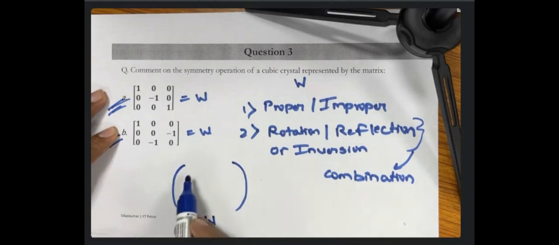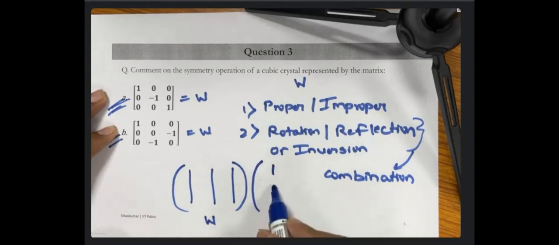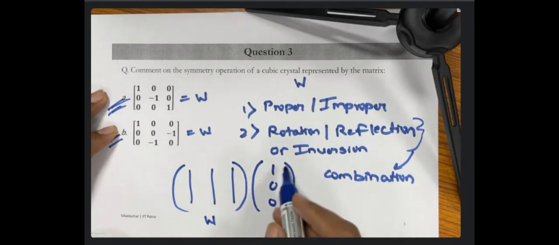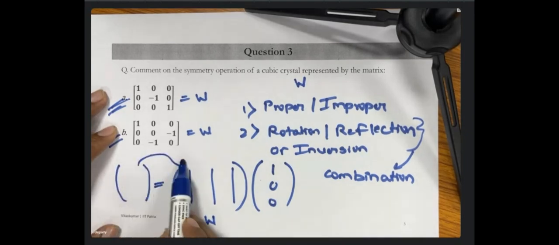We will get its columns when we multiply it with 100. We'll get the first column when we multiply this with 100. Whatever result we get is the first column of this particular transformation matrix.